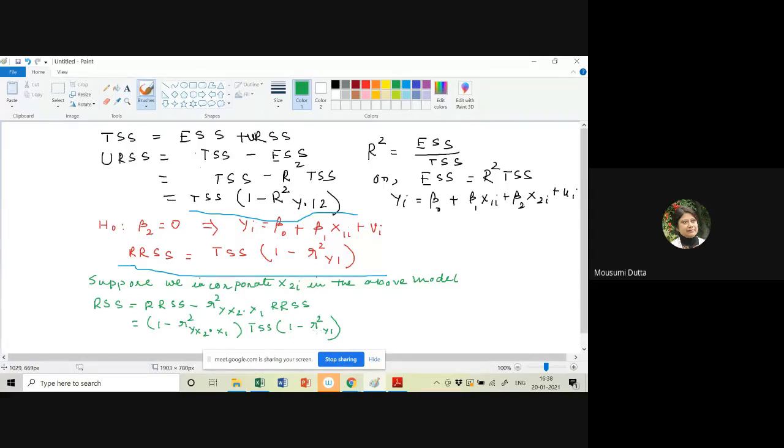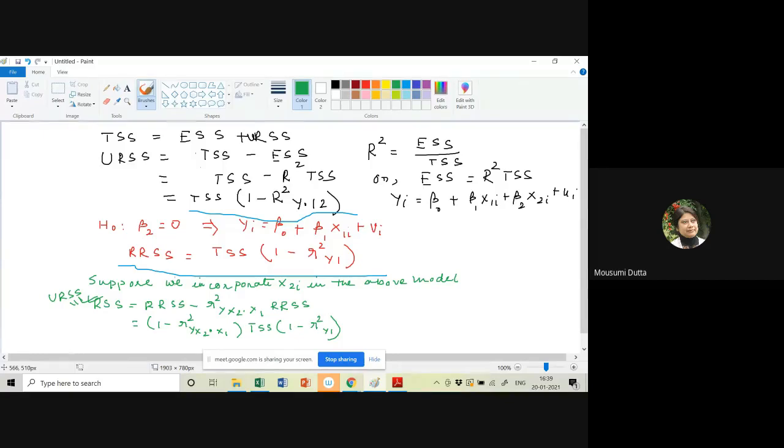Now this model is equivalent to the original model, because in the original unrestricted model we had two explanatory variables, x1i and x2i. So this RSS is nothing but the RSS of the original model, URSS. This is equivalent to URSS because these two models, the green and the black one, have a similar structure. They are identical. In the red model, I dropped one explanatory variable.